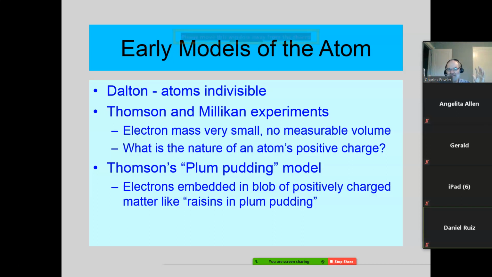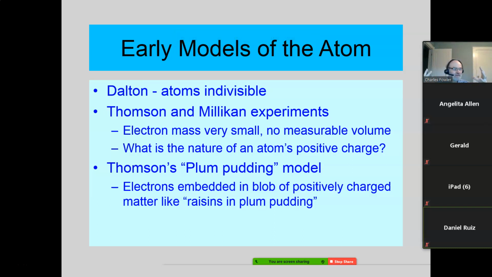Now, what does he mean by that? Well, in a plum pudding, I don't know if I've ever had plum pudding, but think of raisin bread. That to me is a better model, but it doesn't sound as good. In raisin bread, you have the fabric of the bread all around here and the raisins scattered in various places inside the loaf. Plum pudding must be the same way.